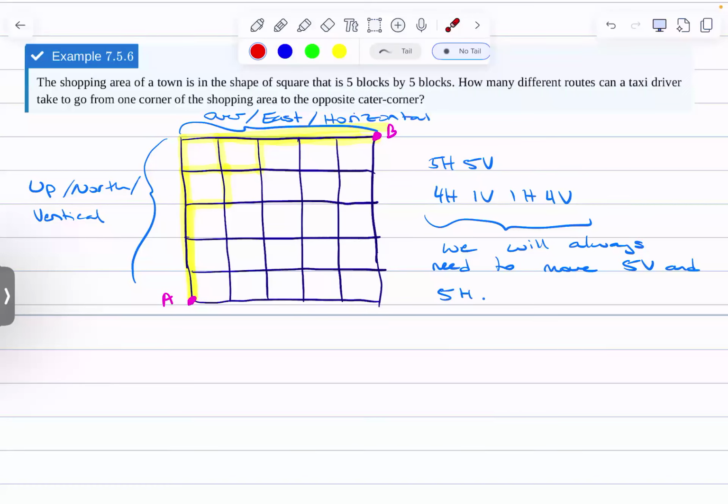For example, if it picks, say, this one, this one, this one, and this one. 1, 2, 3, 4, 5.